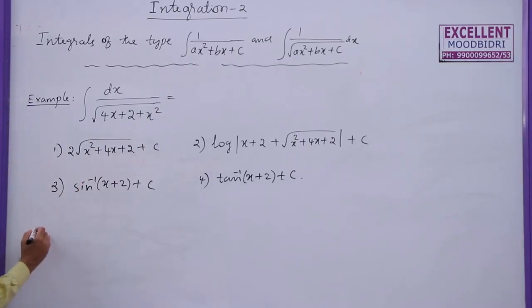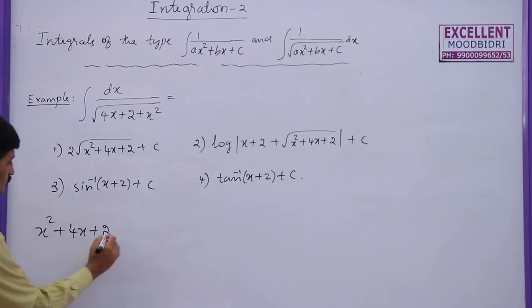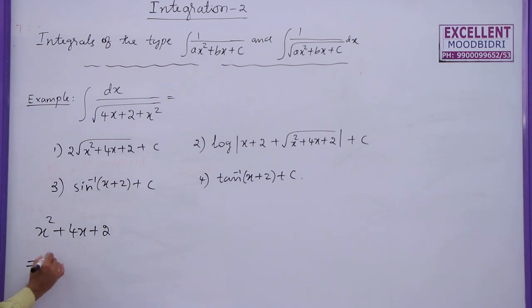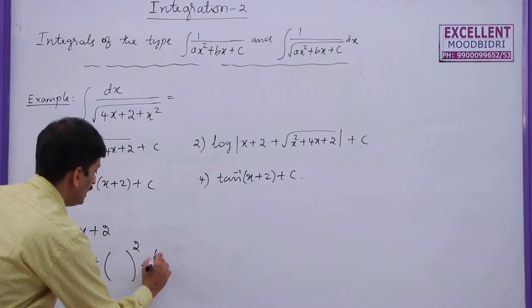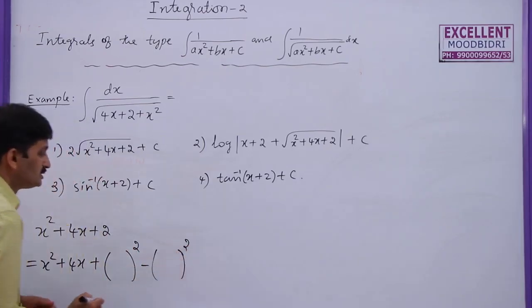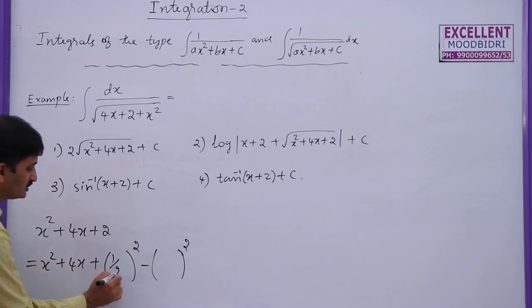Let's see. So x square plus 4x plus 2 equals x square plus 4x, and I said add and subtract the square of half of the coefficient of x.